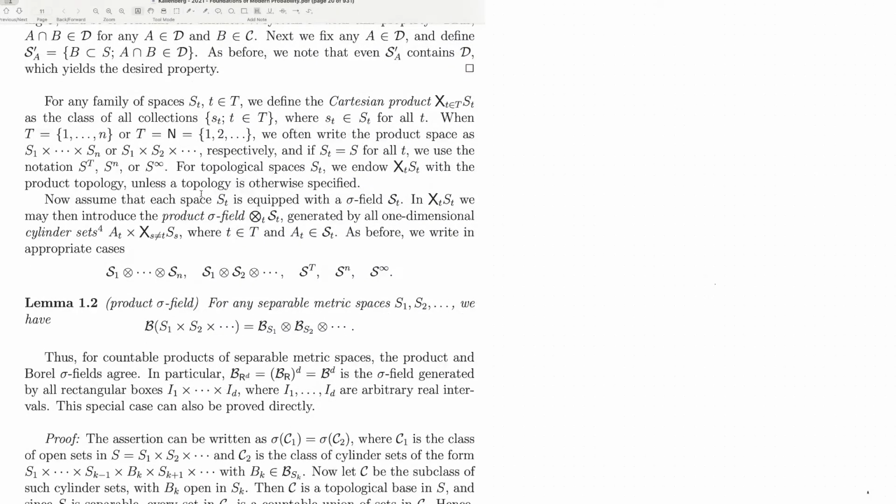Okay, now assume that each space S sub T is equipped with a sigma field S sub T. Then this infinite product is generated by all the one-dimensional cylinder sets.